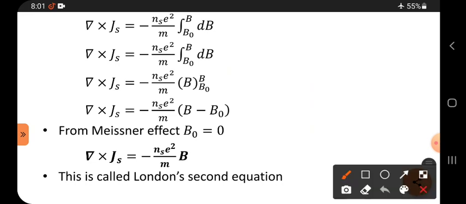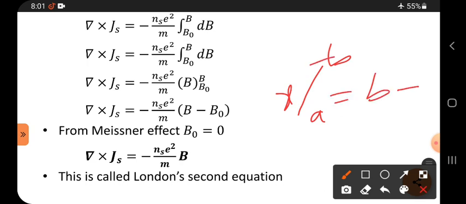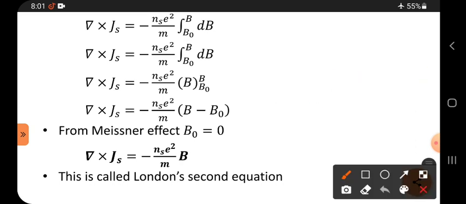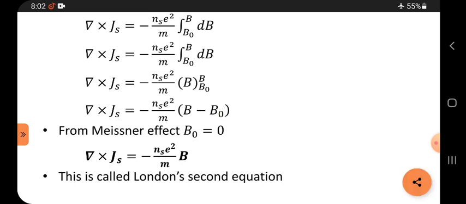Let me explain in general how we substitute limits. If we got x, with limits from a to b, then first substitute b and write minus, and later substitute a in the place of x, like this: b minus a. In the same manner apply here. First keep b in the place of b, after minus keep b naught in the place of b.